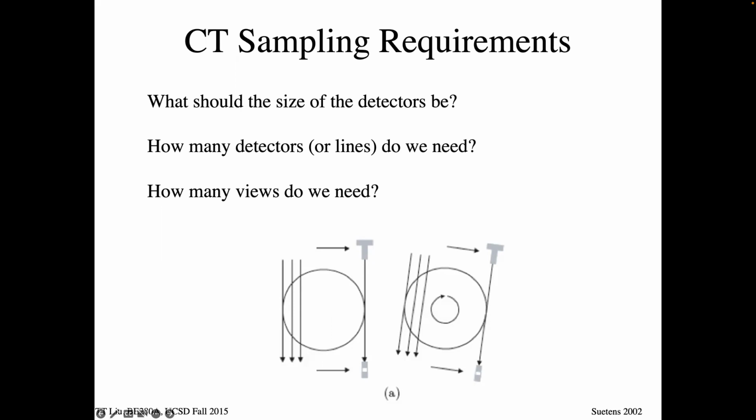Let's say my final image is going to be a 512 by 512 matrix of point estimates of the attenuation coefficient at each one of those points in space, or inside a little box. For a 512 by 512 matrix, how many angles do you think you would need, just off the top of your head? Let's take a guess. Would it be 5,000?